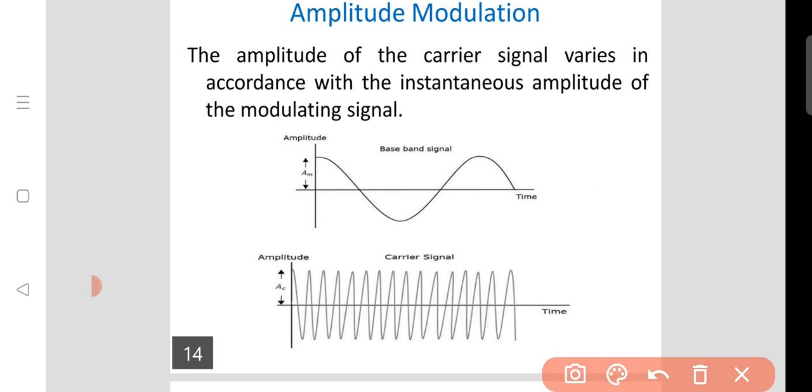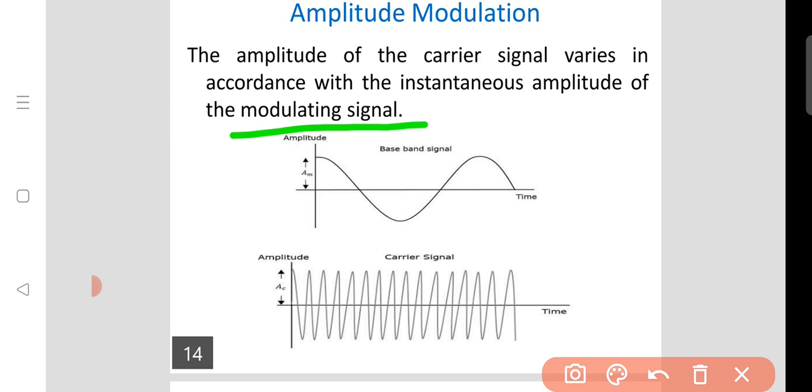So what is amplitude modulation? The definition of amplitude modulation is that the amplitude of the carrier signal varies with respect to the instantaneous values of the modulating signal. Here the modulating signal means message signal.